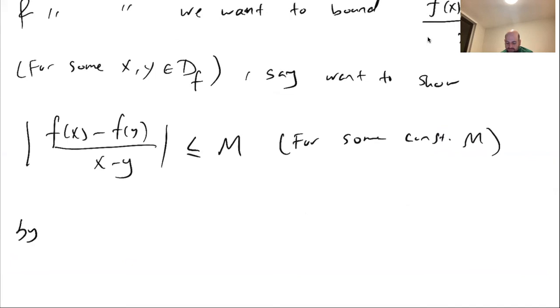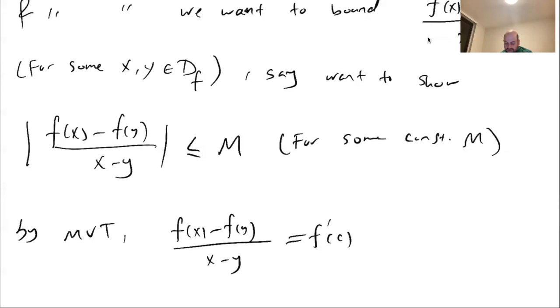So by MVT, (f of x minus f of y) over (x minus y) equals f prime of c for some c between x and y.